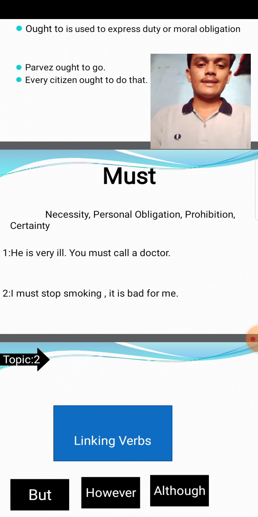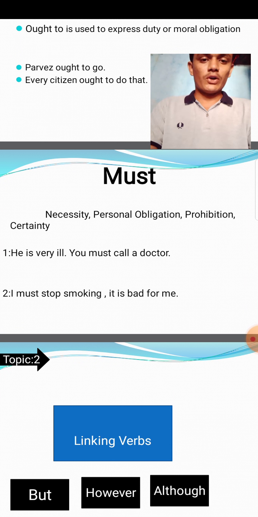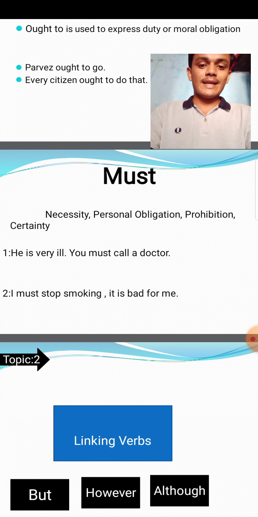Must is the last modal verb. Must shows necessity, personal obligation, prohibition, certainty. I have given an example in the slides: he is very ill, you must call a doctor.